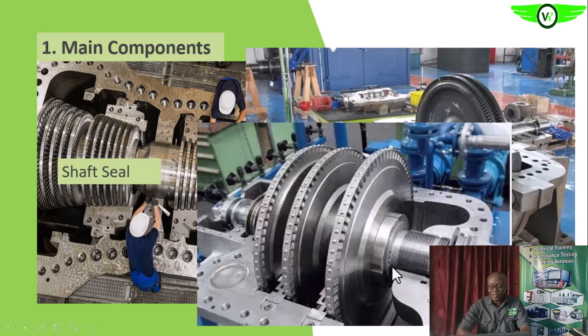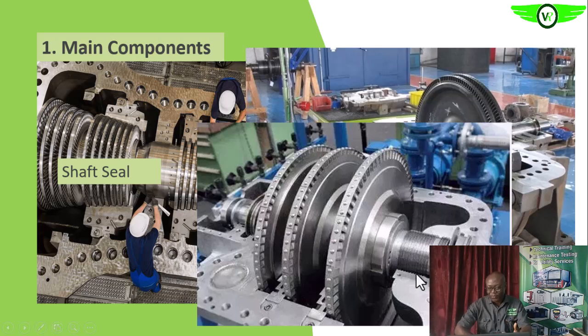As the steam escapes through each of these sections of the labyrinth seal, the pressure of the steam will be reduced, and eventually it will cancel out, because as the steam is escaping in each of these labyrinth sections, turbulence is created. That turbulence produces back pressure that acts against the steam coming from inside the turbine that is trying to escape out.